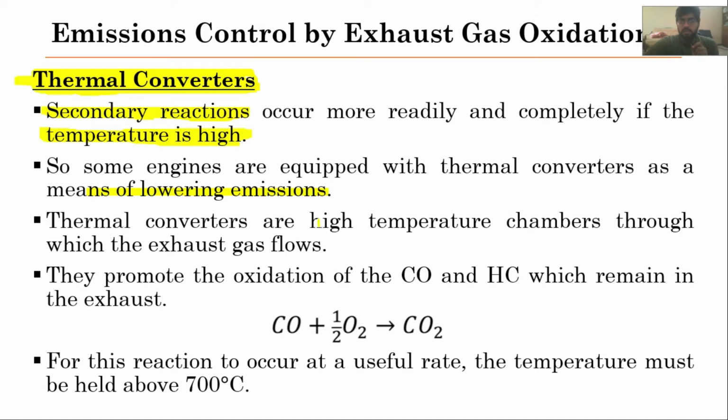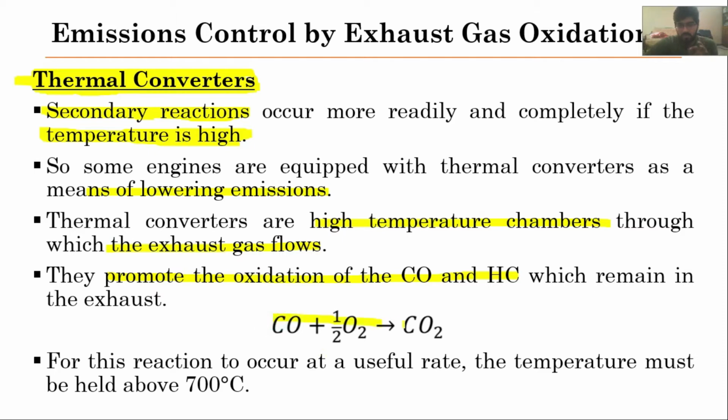So thermal converters are high temperature chambers through which the exhaust gas flows, and because of the higher temperatures, they promote the oxidation of carbon monoxide and unburned hydrocarbons remaining in the exhaust gases.